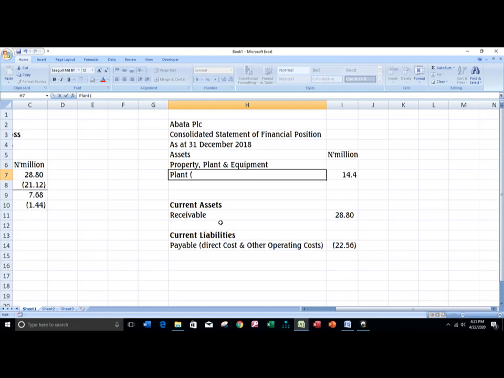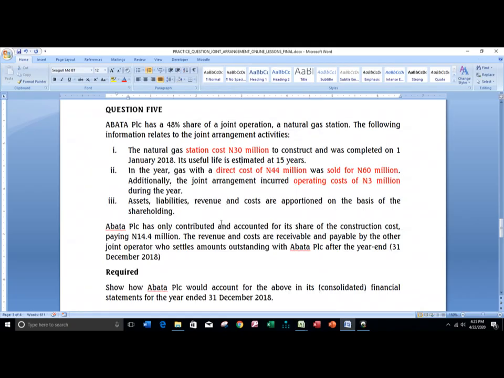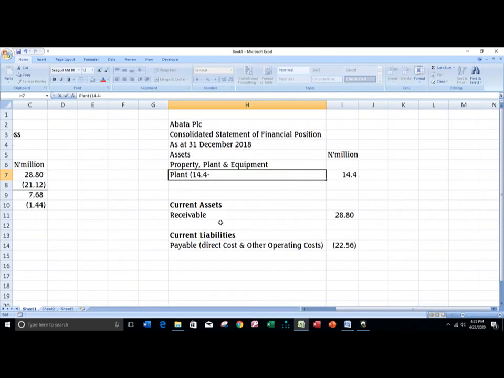So he will take his own 14.4 million minus the figure for depreciation. The asset is to be spread over how many years? 15 years. So we will now say 14.4 divided by 15.